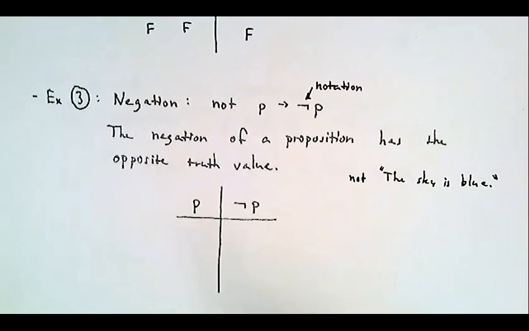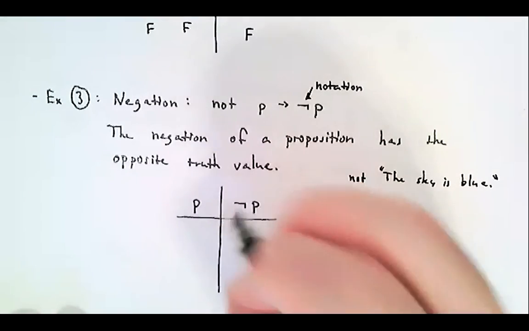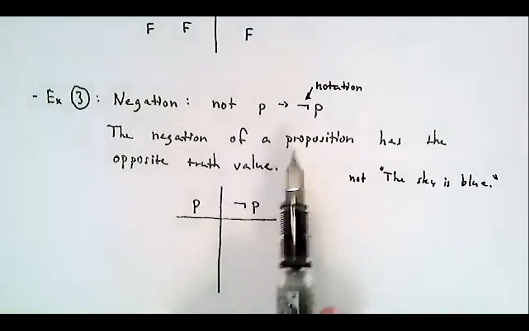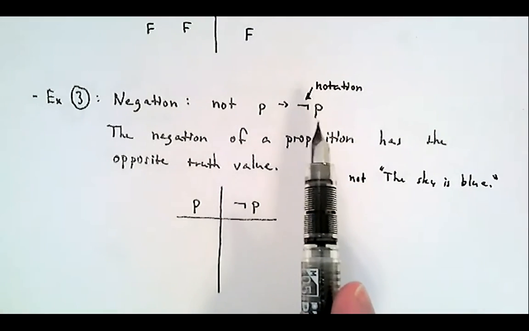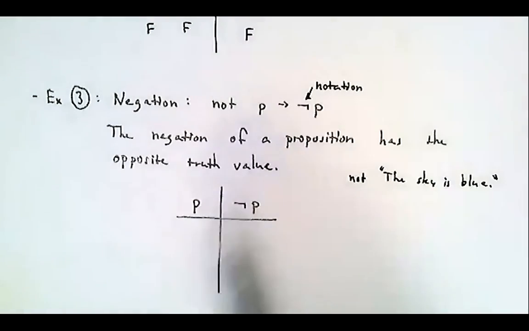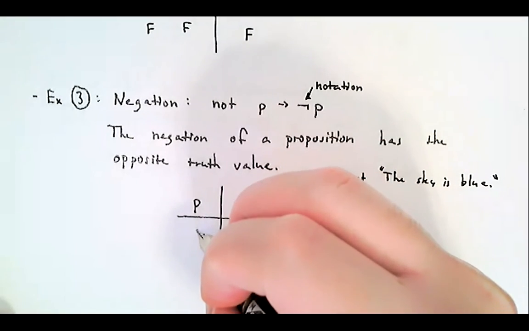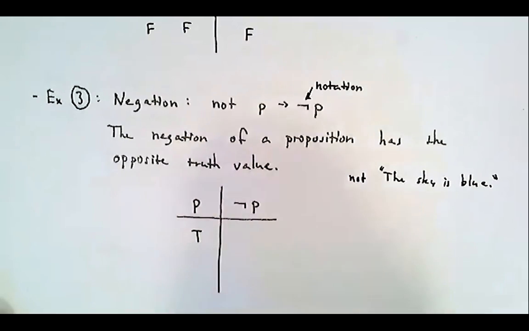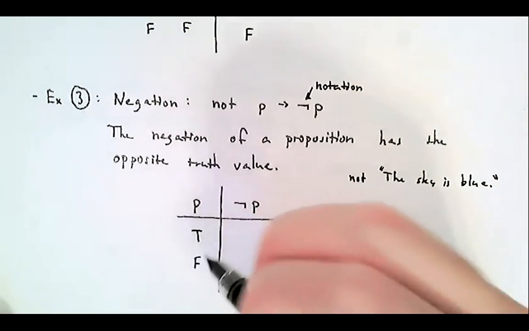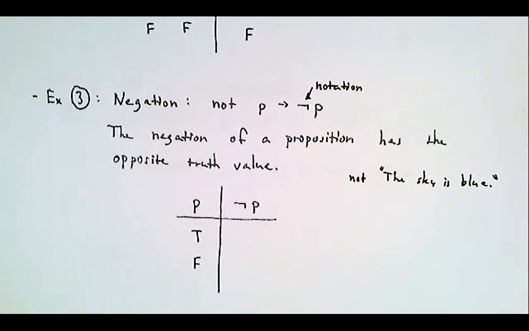That's what you're asserting. So on a truth table, since this only involves one simple proposition, there's only 2 possibilities for a left column. The simple statement P can be true or false, and those are the only possibilities. And when we add the negation, so we say not P, we just switch these.